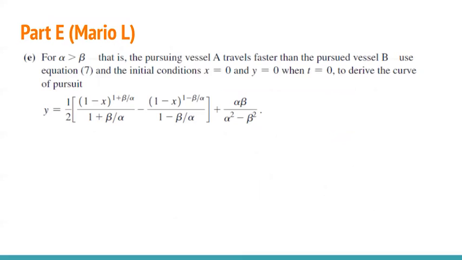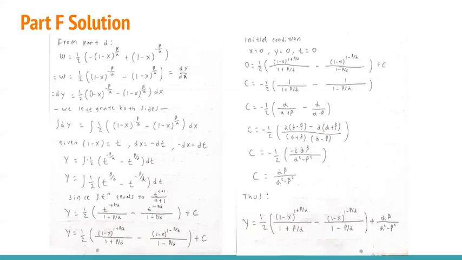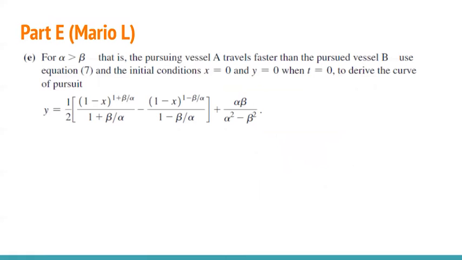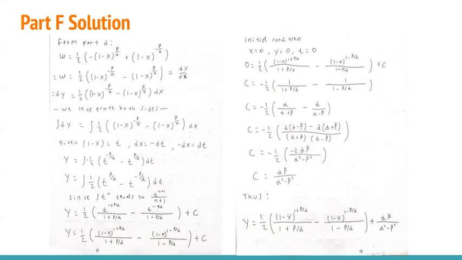And this is the curve of pursuit as indicated by the question. And now we have proven that we can derive the equation from the previous part to find the curve of pursuit. And that's part F. Thank you.